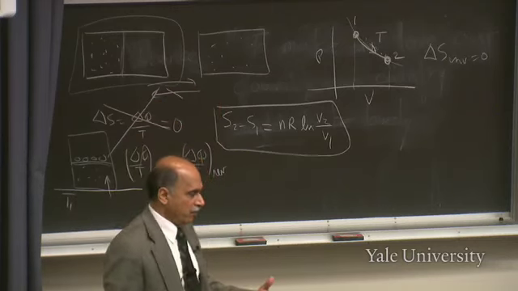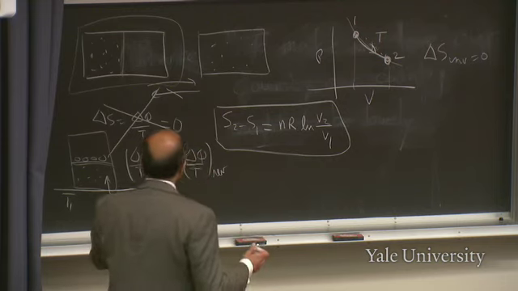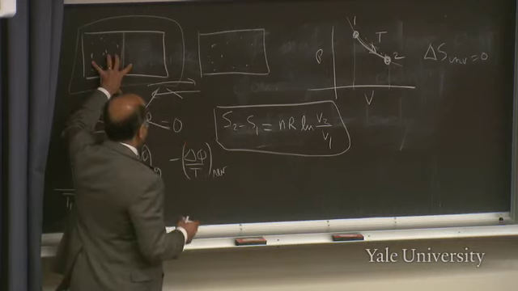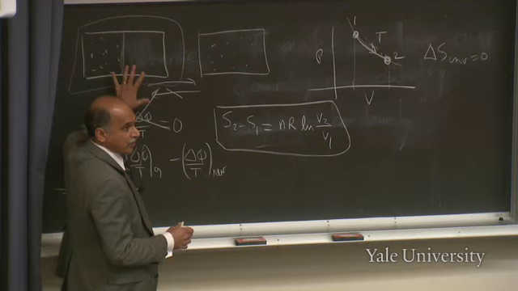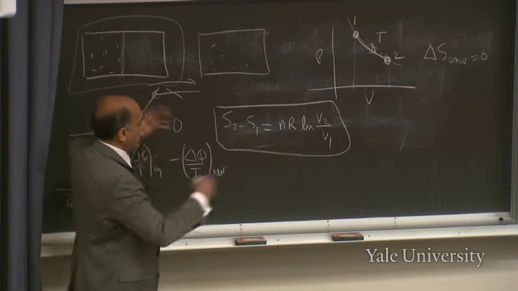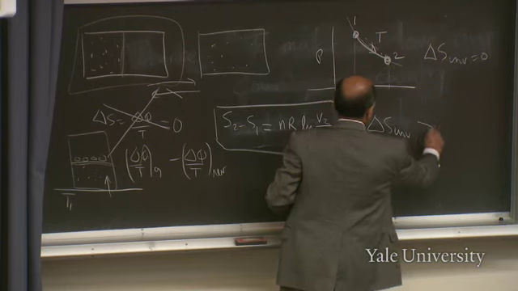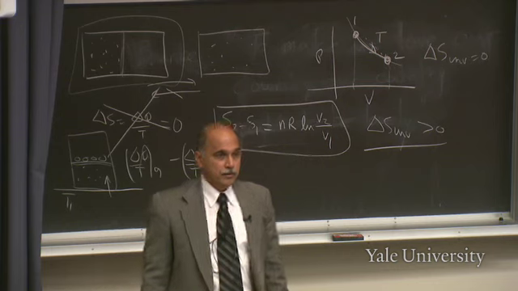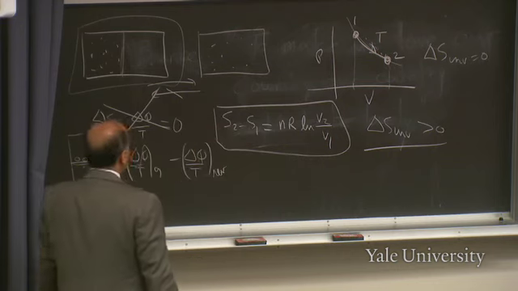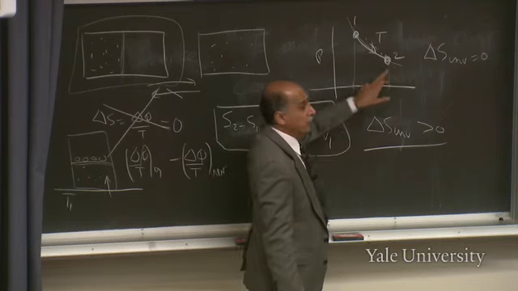So this is how we always find entropy change. In real life, processes happen in a way in which the entropy of the universe goes up. Take this box. In the real experiment, remember there was no reservoir. There's only the box of gas. It expanded, its entropy went up, so the entropy of the universe actually went up. That's why it's allowed. The entropy of the universe went up by an amount equal to the increase in entropy of the gas when it goes from 1 to 2.